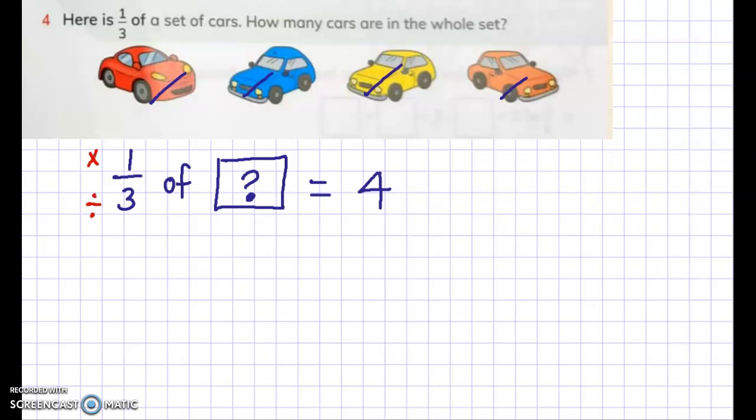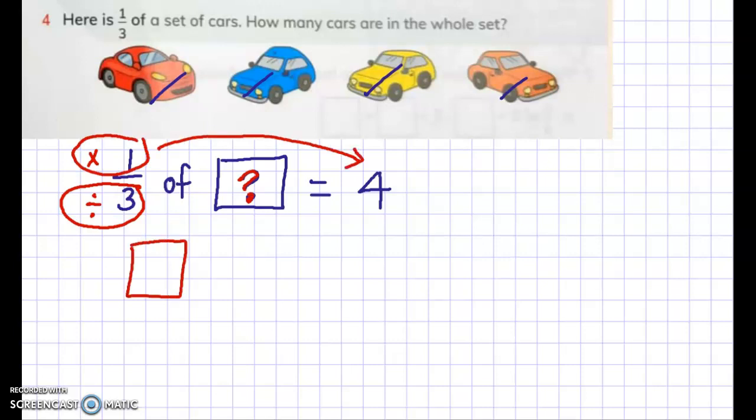So, what divided by 3 times 1 gives you a 4? What divided by 3 gives you a 4?